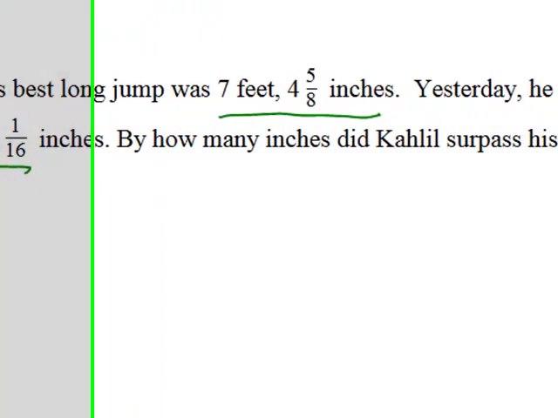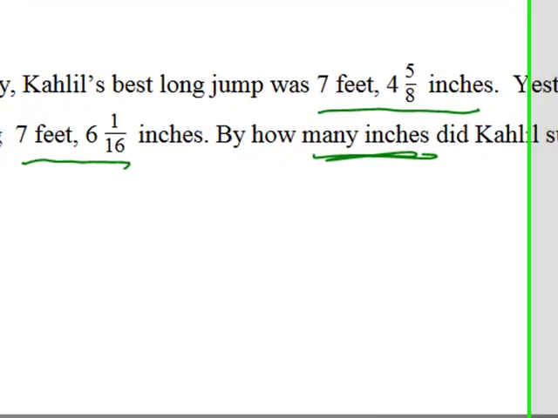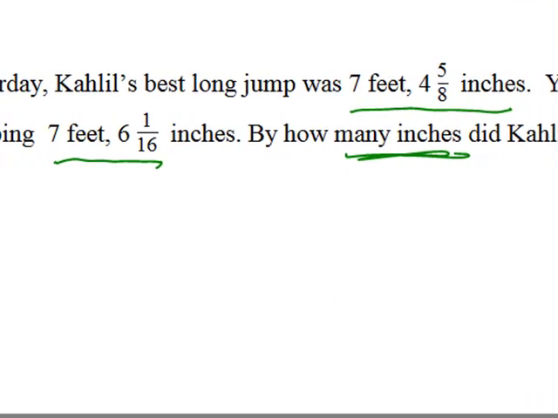By how many inches did Khalil surpass his previous best mark? Well, this is subtraction. We need to find out what it is now and what it used to be. One thing that we don't need to concern ourselves with is the 7 feet, because we're saying by how many inches did he surpass his best mark, and 7 feet and 7 feet don't really matter much here.